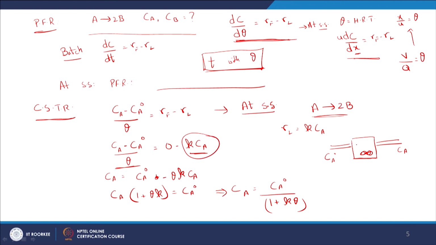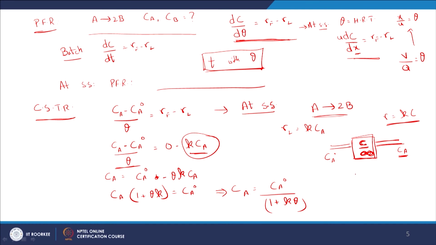You want to know the rate of loss of compound A, which is K times the concentration of A inside the reactor. But why are we saying it is equal to K CA now? Because this is continuously stirred, whatever the concentration is inside the reactor will be the same as the concentration leaving the reactor.